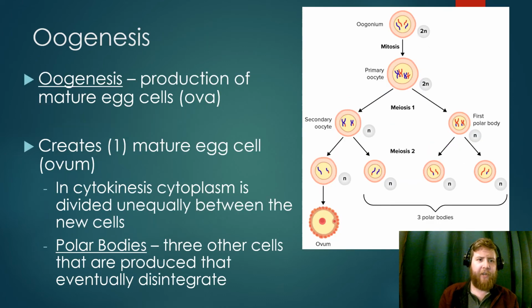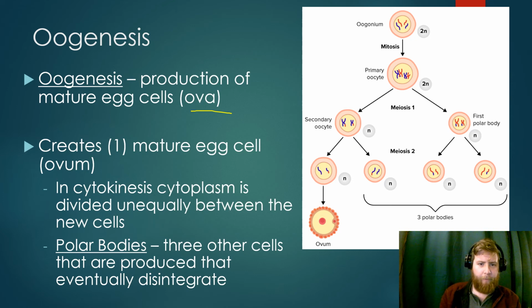All right, oogenesis. This is the production of mature egg cells, or ova. And oogenesis is going to take 1 cell and create only 1 mature egg cell, 1 ovum. So when cytokinesis happens in all of these, there is an unequal division of the cytoplasm between the new cells.